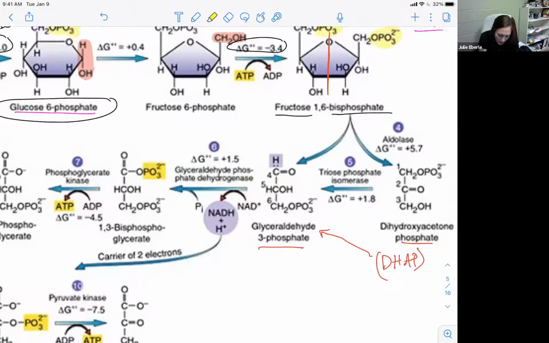They both have a phosphate group, different places. They both have a carbon double bonded to oxygen, and then they both have an OH group on a carbon. They're pretty similar. It's just they're rearranged differently. So we just take DHAP and we isomerize it into glyceraldehyde 3-phosphate. So we end up with 2 molecules of glyceraldehyde 3-phosphate when we cleave fructose 1,6 bisphosphate.